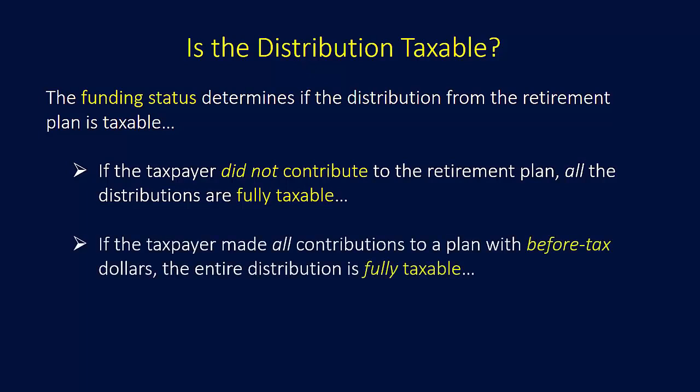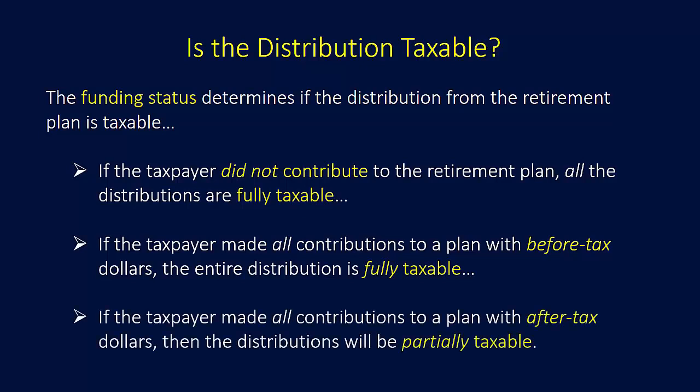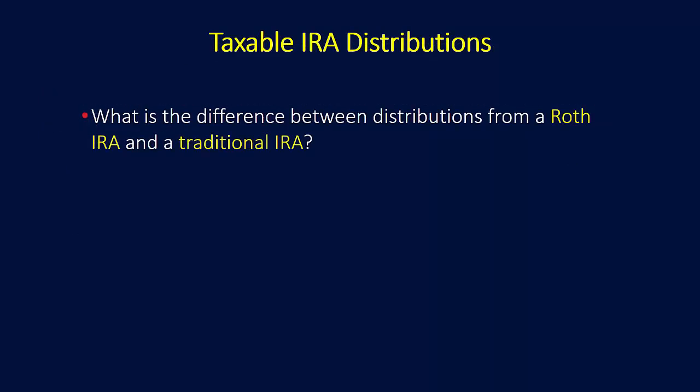If the taxpayer didn't contribute to the retirement plan, then all of the distributions, when the taxpayer starts pulling out money from the retirement plan, are fully taxable. If the taxpayer made all the contributions to a plan with before-tax dollars, then again, the entire distribution is fully taxable. However, if the taxpayer made all contributions to a plan with after-tax dollars, then the distributions will be partially taxable. So what's the difference between distributions? We've heard the term Roth and traditional IRAs before.